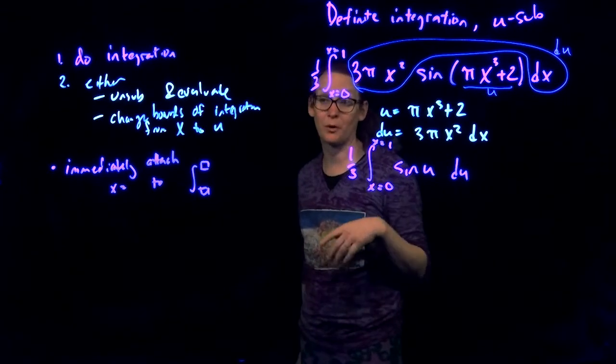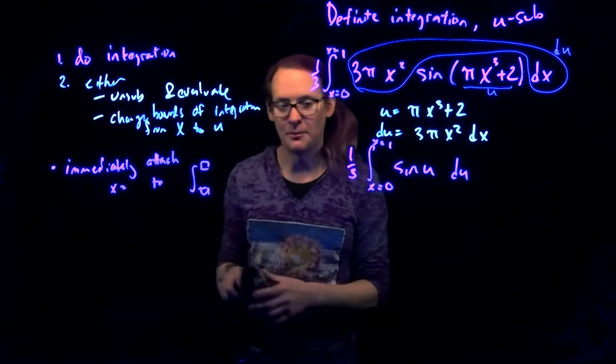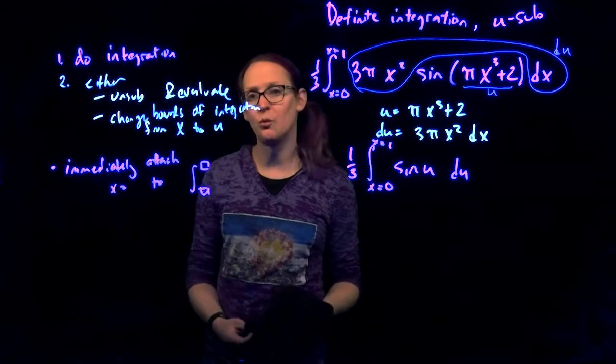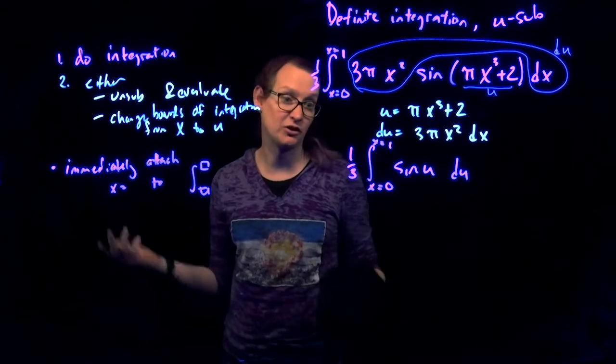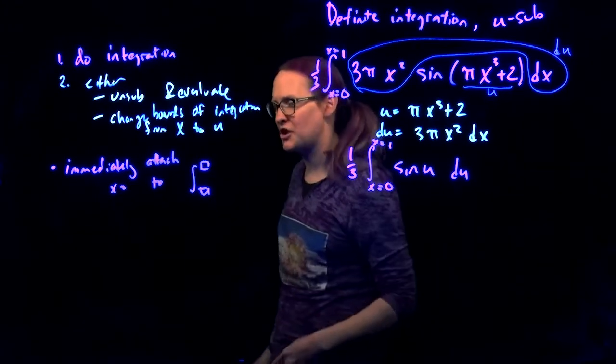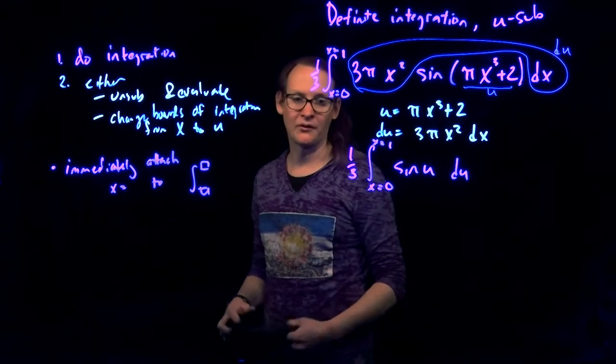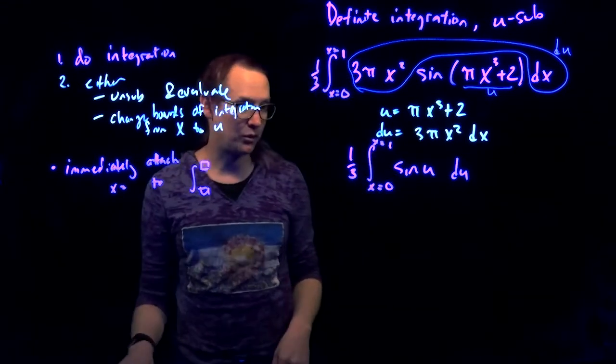I'm going to do this problem both ways, and we'll examine which one is easier, knowing that for some problems it's probably easier to do one, and for other problems it might be easier to do the other. I think it might generally be easier to change the bounds of integration, but let's see what happens as we do both.